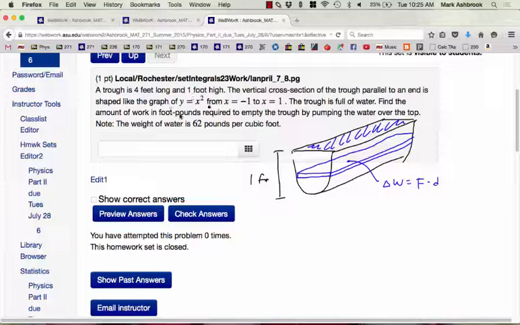And so y equals x squared. So where is our origin for y equals x squared related to this trough? Where is the origin for y equals x squared related to how I've drawn the trough? Where will the origin be? At the top where the water's coming out? No, so the vertex, right?